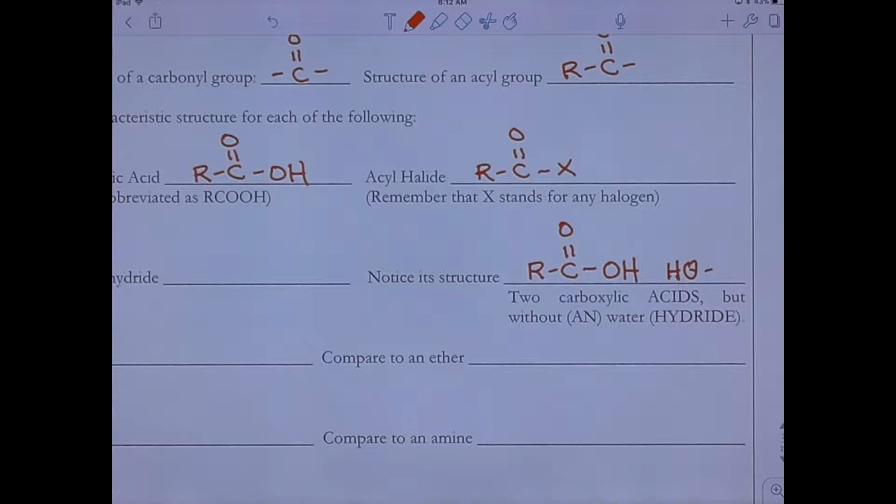It's like you have two carboxylic acids, nose to nose, like that. And you remove water, H2O. So if I take out the two hydrogens and one oxygen and join those like that, that's what the acid anhydride looks like.